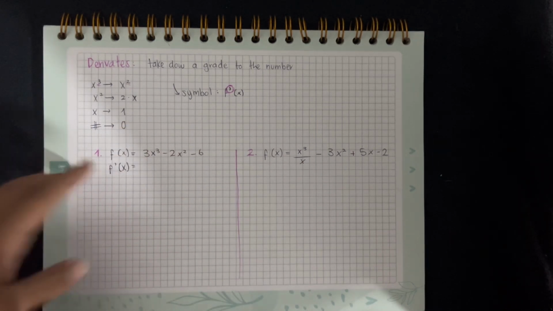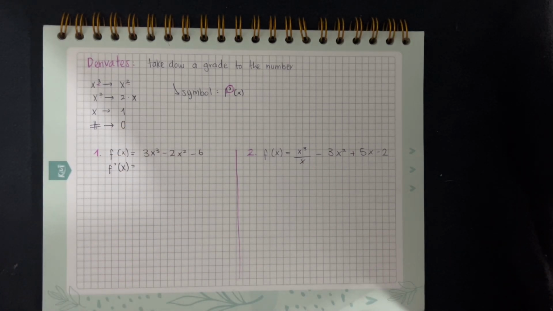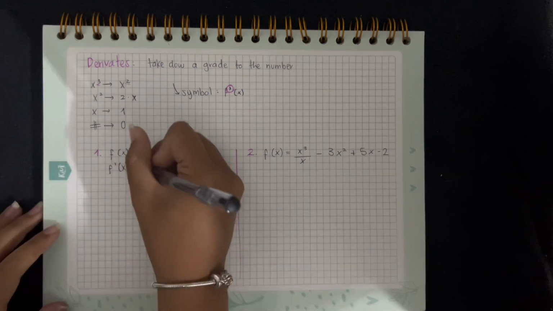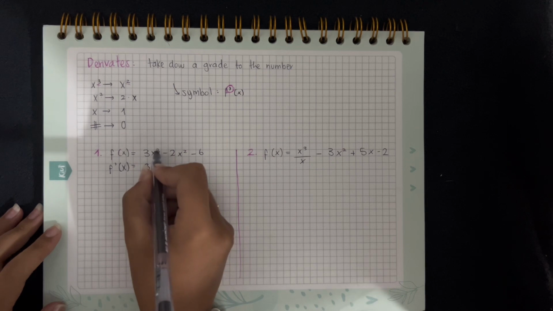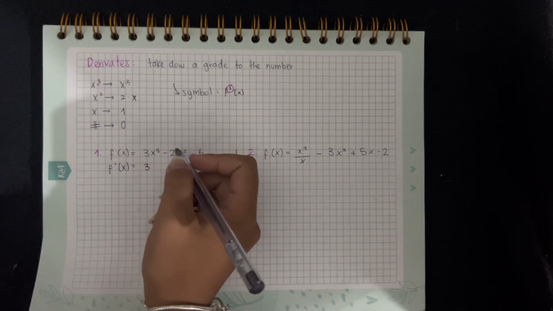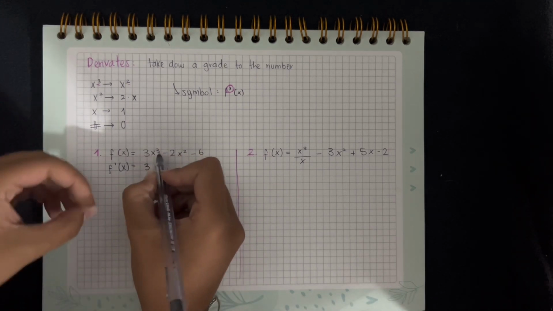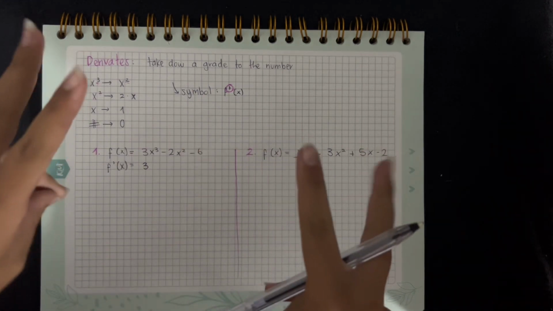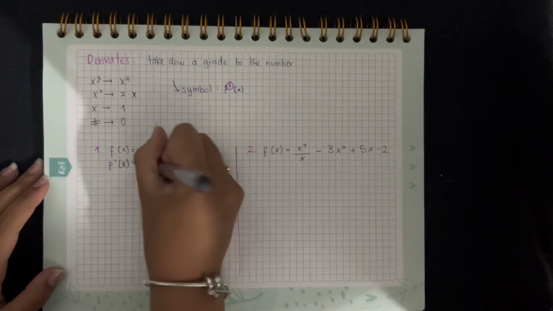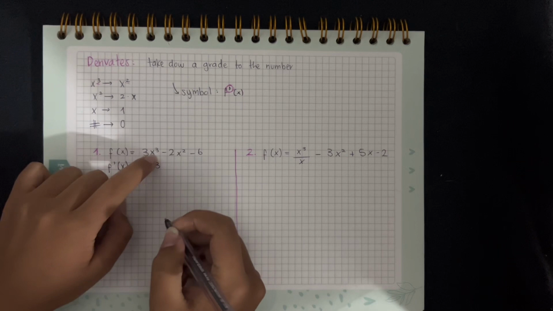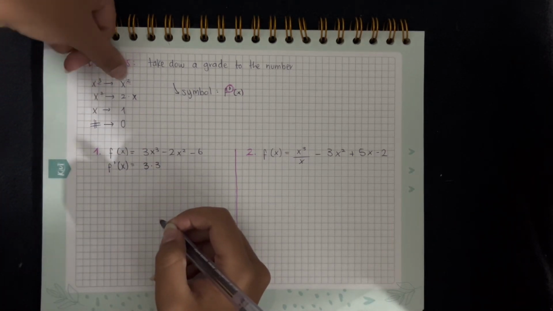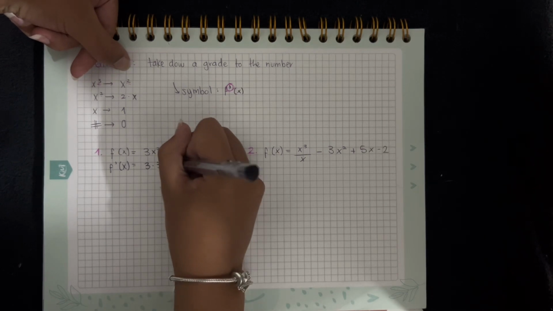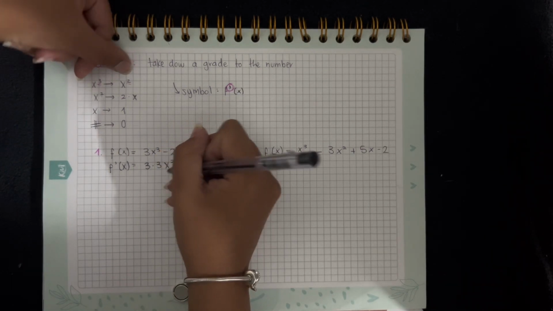Remember this for being a derivative. So, this 3 right here is going to be lowered, or put like a normal number. So it will be 3 times 3, and this x³, as I told you before, is going to become x². So we will have x² right here.